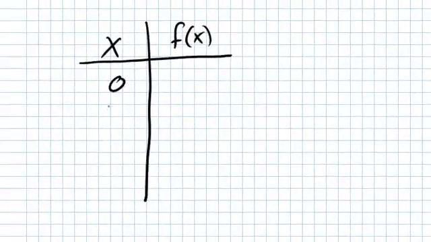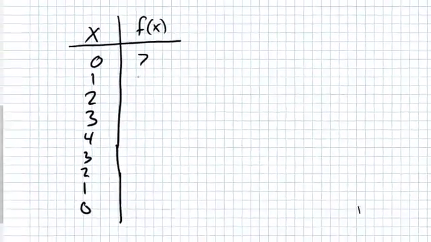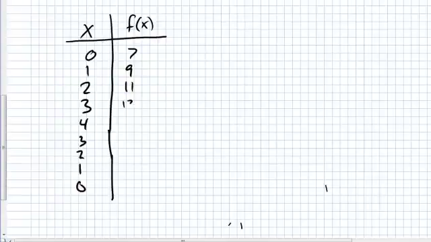So 0, 1, 2, 3, 4, and then 3, 2, 1, 0, just to make it interesting. Alright, so for 0 I get a 7, 9, 11, 13, 15, 17, 19, 21, 23.